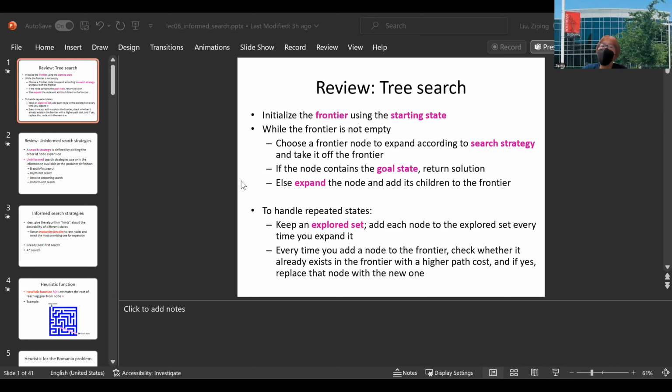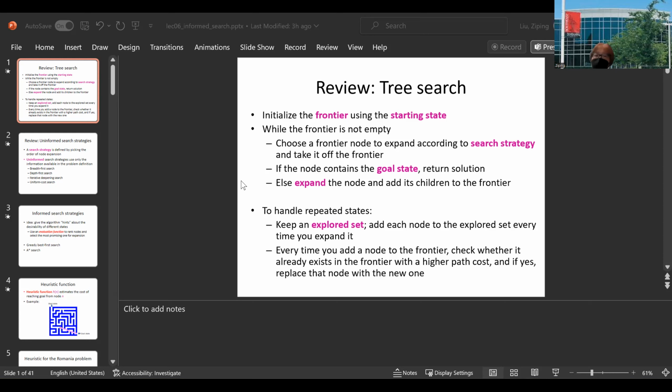And if the node contains the goal state, then we don't need to continue, so we terminate the search. Otherwise, you keep expanding the node and add its children, its successors, to the frontier set. And in the last class, we also discussed that we need to handle repeated states.